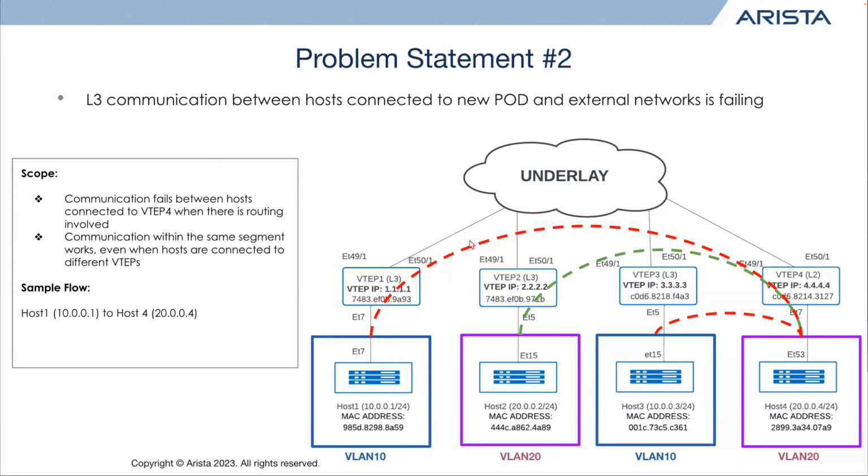So it's essentially a routing problem where different subnets cannot be reached by these hosts connected to the new VTEP. We are going to be focusing on this particular flow, host 1, which is part of network 10.0.0.0/24, and host 4, which is 20.0.0.4, connected to VTEP 4, which is the new VTEP we have in the network.